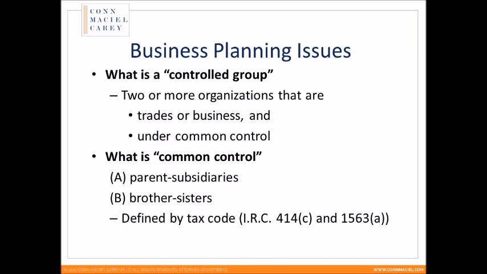Let's talk a little bit about what a controlled group is and why you should be aware of it. Controlled group is two or more organizations that are first trades or businesses and second under common control. Let's deal with the second factor first. Common control would either be like a parent-subsidiary relationship between these entities or brother or sister, as they call it.